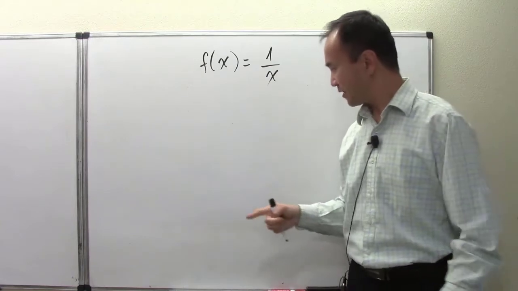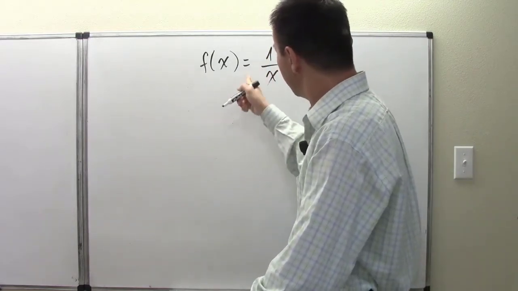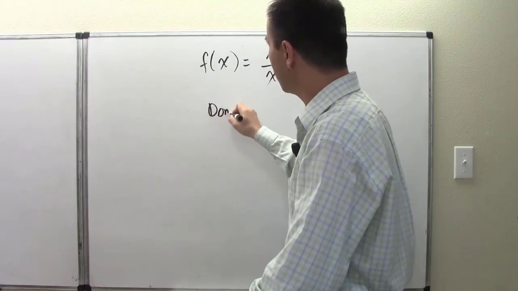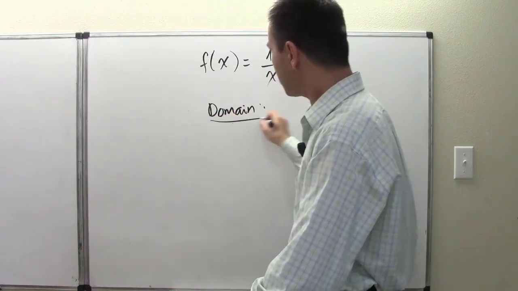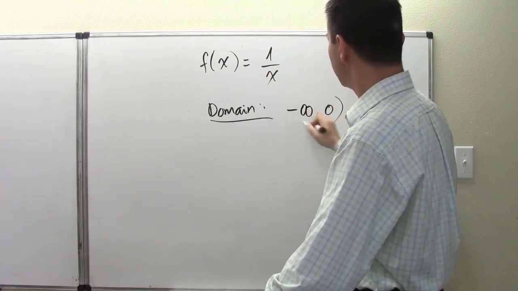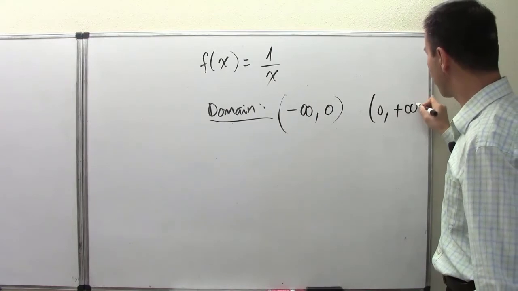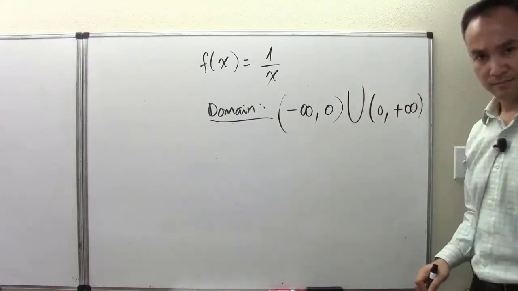Clearly speaking, this function has a domain, in interval notation, of negative infinity to 0, and from 0 to positive infinity, with a union.